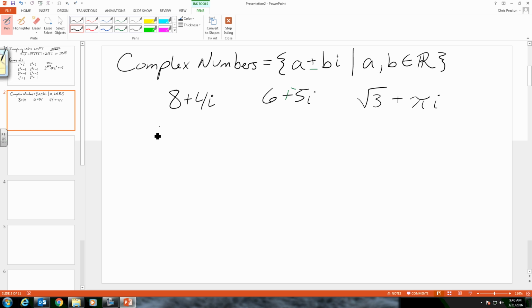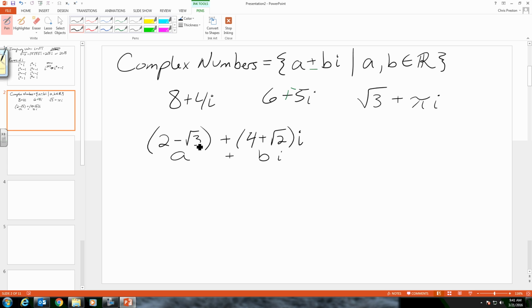You can even have things like 2 minus the square root of 3 plus 4 plus the square root of 2 i. So all of this would be your a, all of this would be your b, i. And that still would fit that pattern.